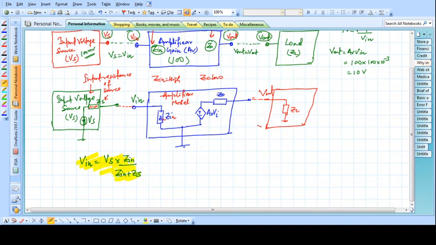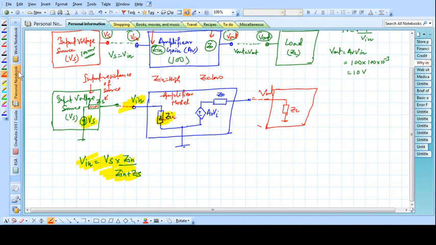Very simple. Just we are using the concept of the voltage division rule. So the corresponding Vin should be Vin equals Vs into Zin by Zin plus Zs.